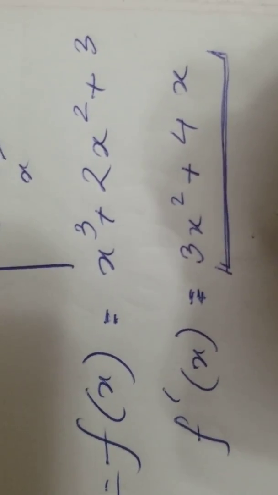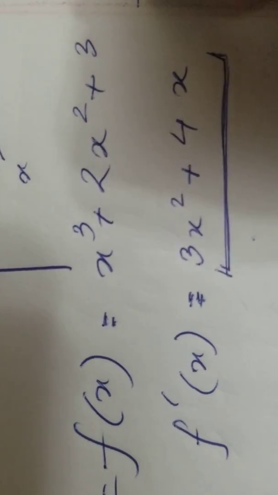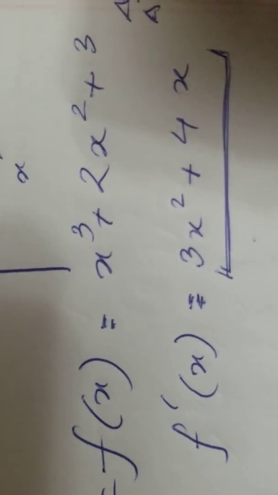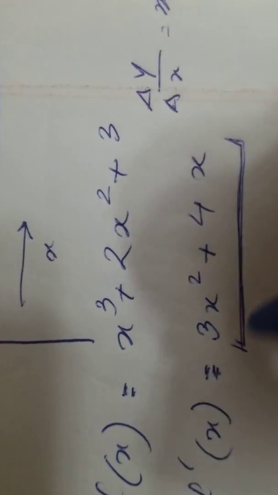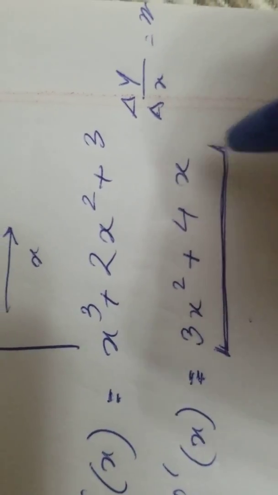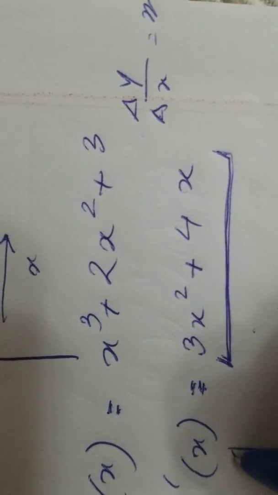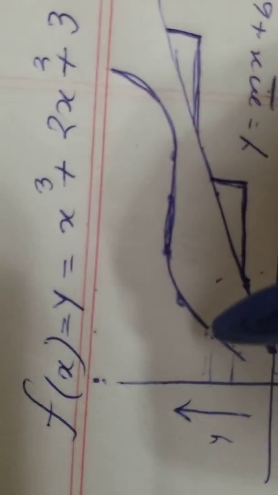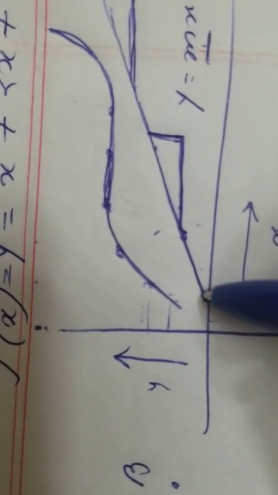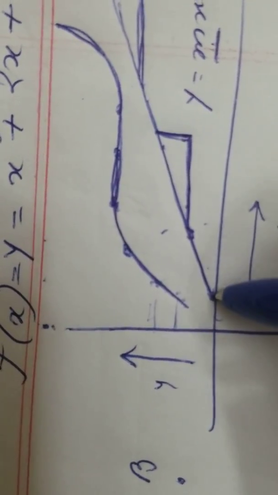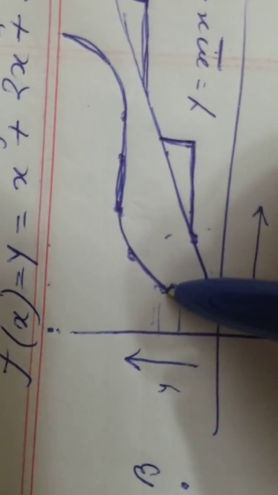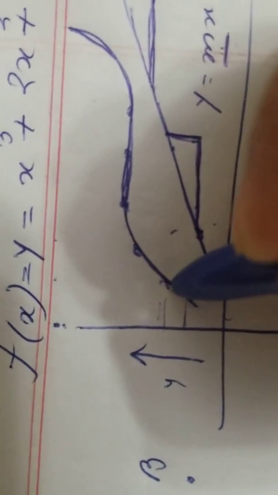A slope has a value in terms of delta y over delta x. This is the value of a slope. If you replace this x, it gives you a certain x coordinate on the graph, and at this point it tells you the value of the slope.